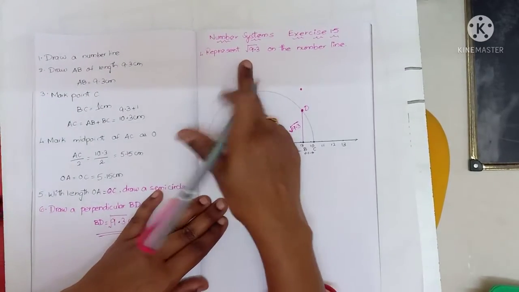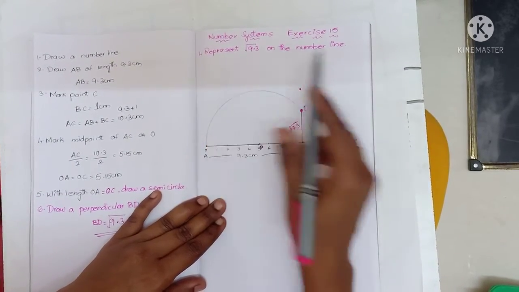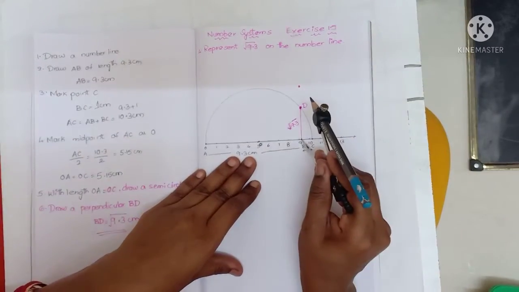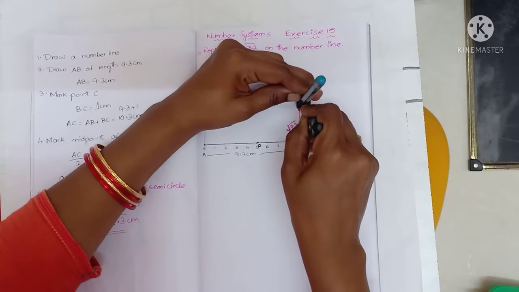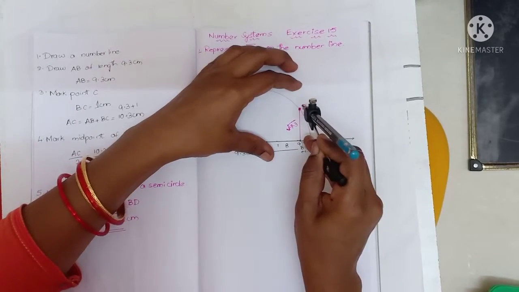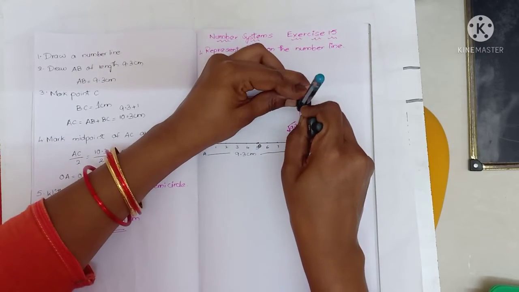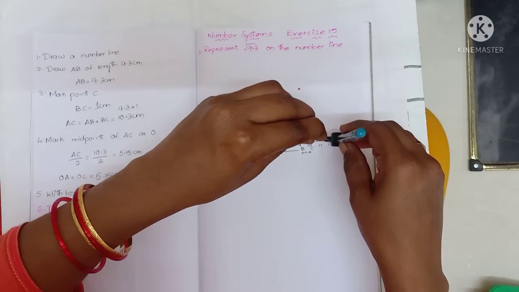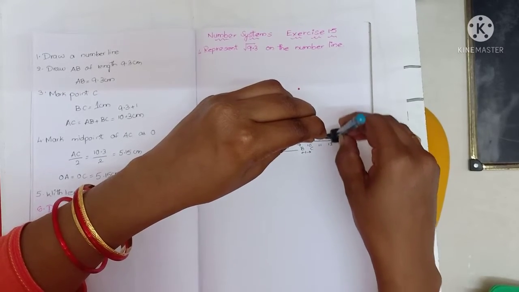They asked to represent this root 9.3 on the number line. So what should you do? Take the compass, measure BD with the compass and mark BD. Mark the arc on the number line.